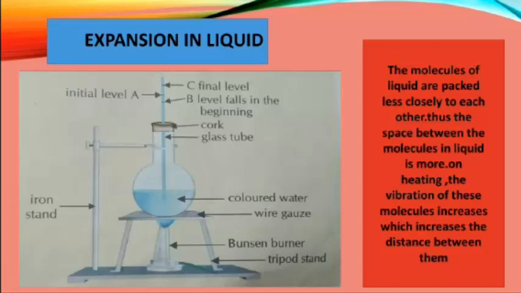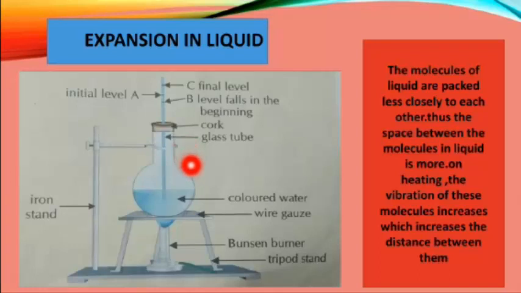Now allow the bottom of the flask to rest on the wire gauze kept on the tripod stand and put a burner under it. Mark the initial level of the water in the glass tube and start heating the flask.